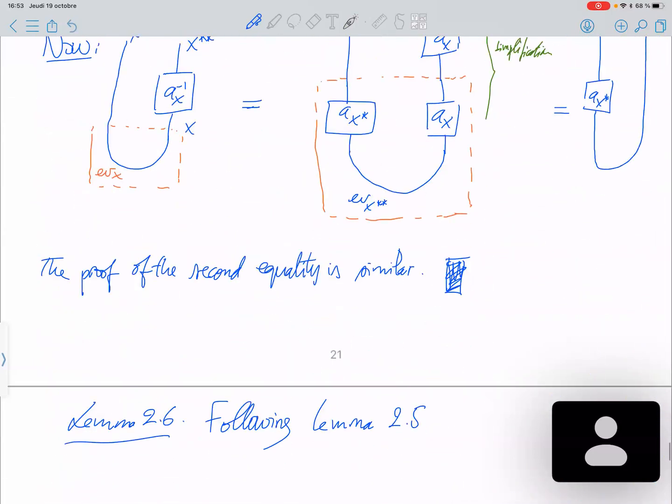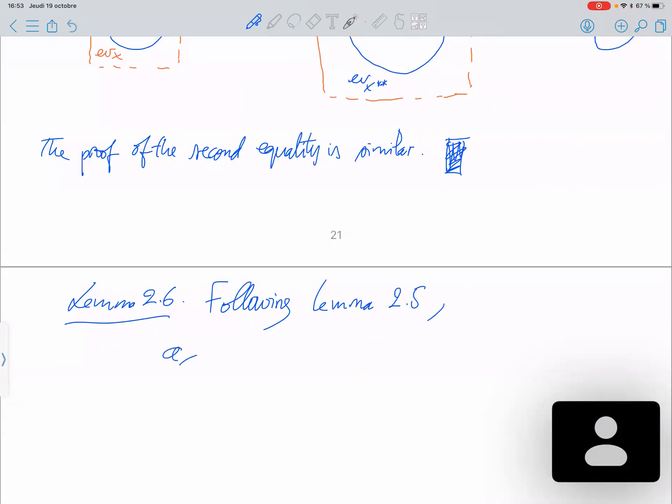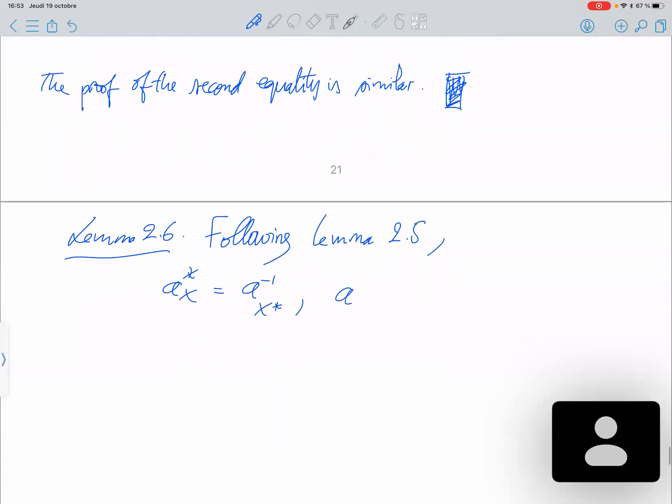Then A_X star equals A_X star inverse, A_X inverse star equals A_X star. And so, if you apply it 2 times, you get A_X double star equals A of X double star.